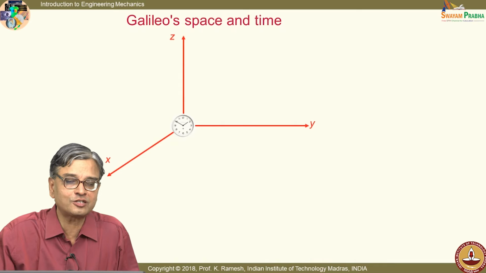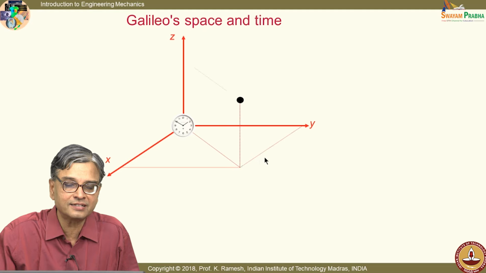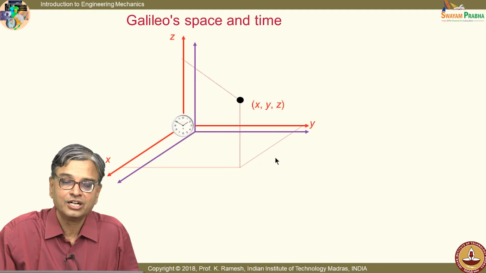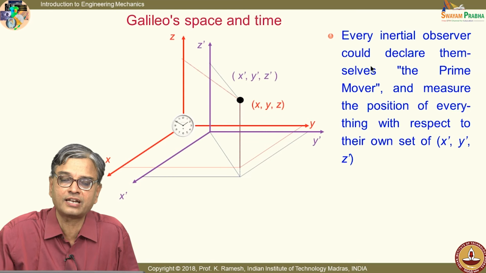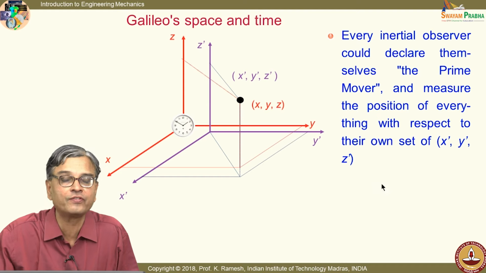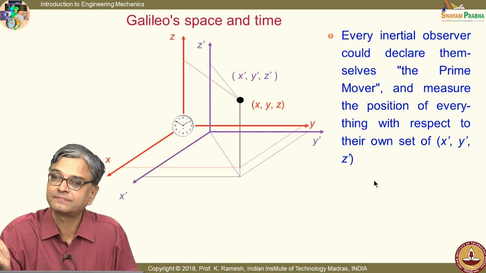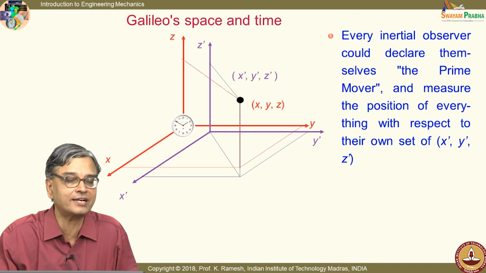And what was Galileo's space and time? He also had a reference frame like this, and he did not say that it is absolute. What he said was, every inertial observer could declare themselves as a prime mover and measure the position of everything with respect to their own set of coordinates x prime, y prime and z prime. The only restriction is it should travel in a straight line with a constant velocity.